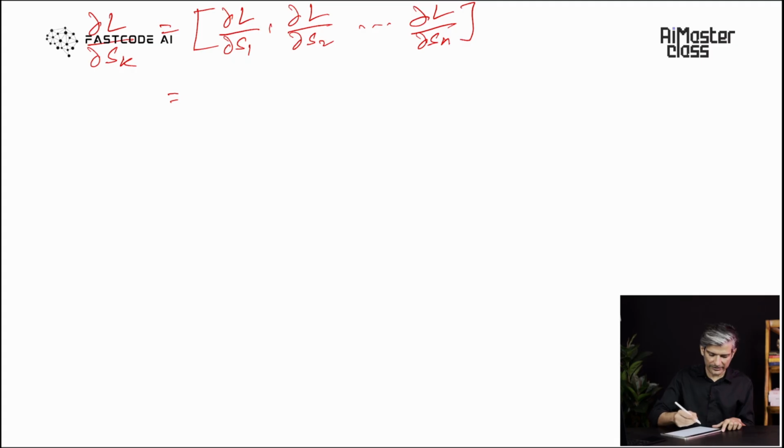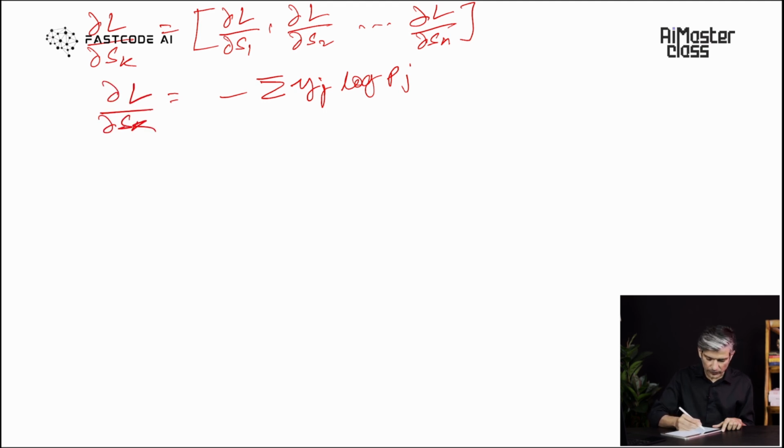Now we are interested in the kth, the general score. Loss is nothing but the negative sum of yj times log of pj. This is our loss, and we want to differentiate with respect to Sk.